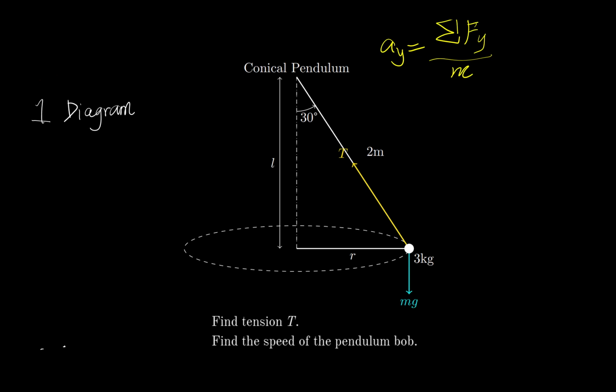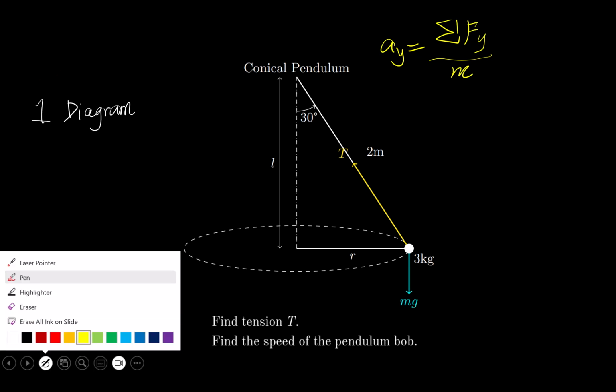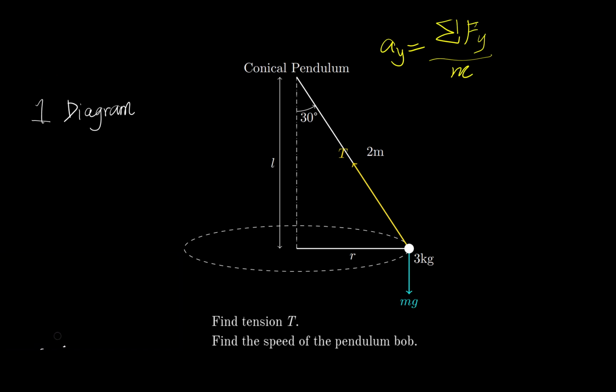It's not even going down in a direction. So this acceleration is literally zero. And if it's zero, what do we know? There is another force counteracting the gravitational force.